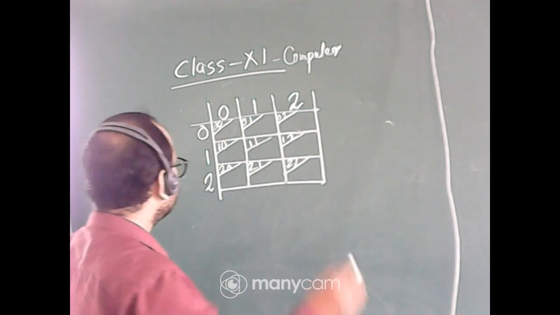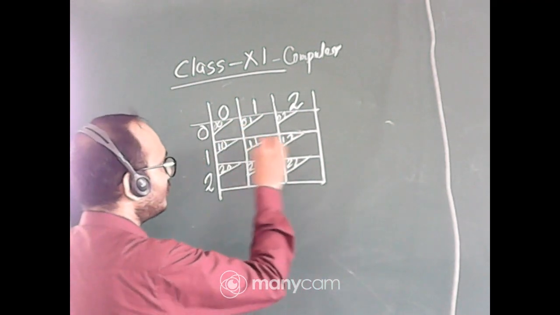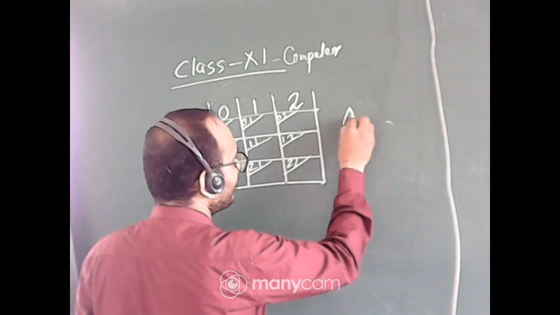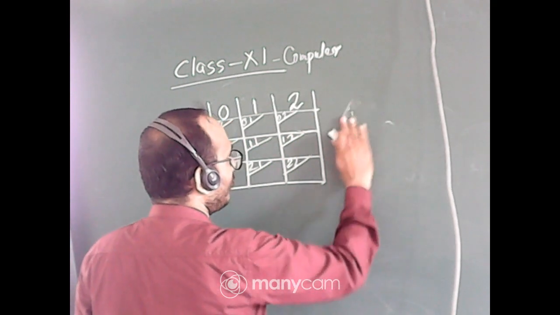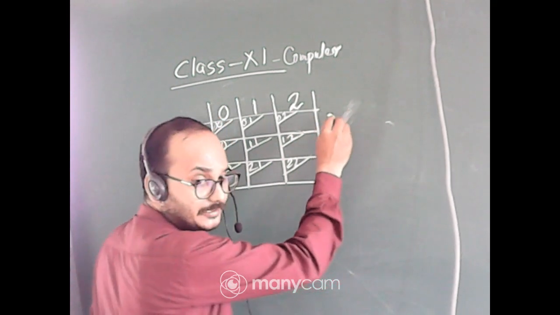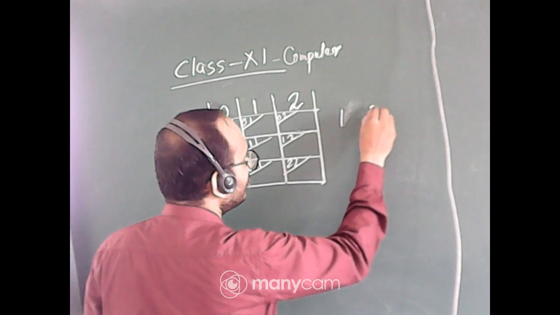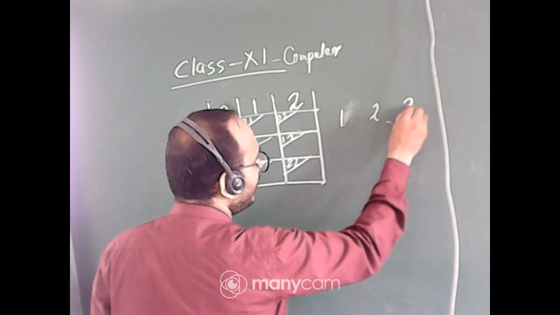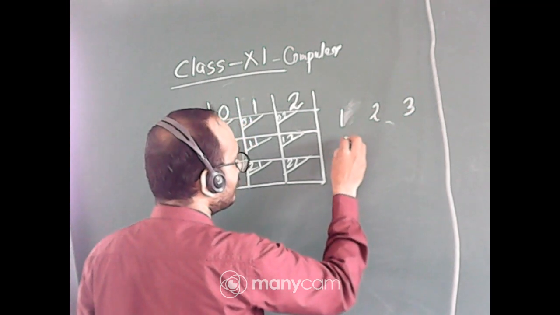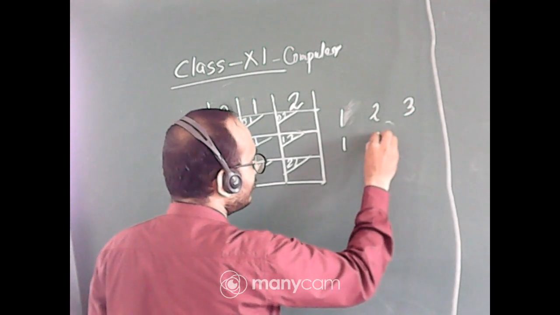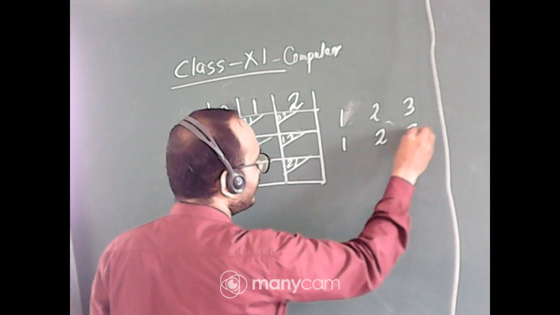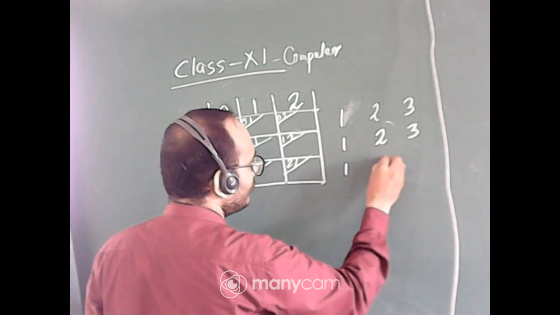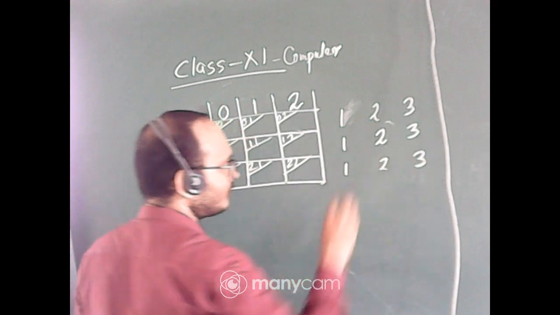Suppose we want to print like that, A, or you can just write here from 1, 2, 3, 1, 2, 3, 1, 2, 3.